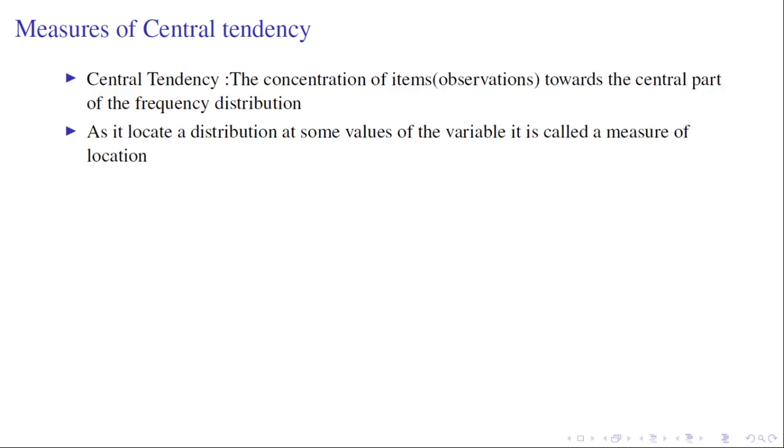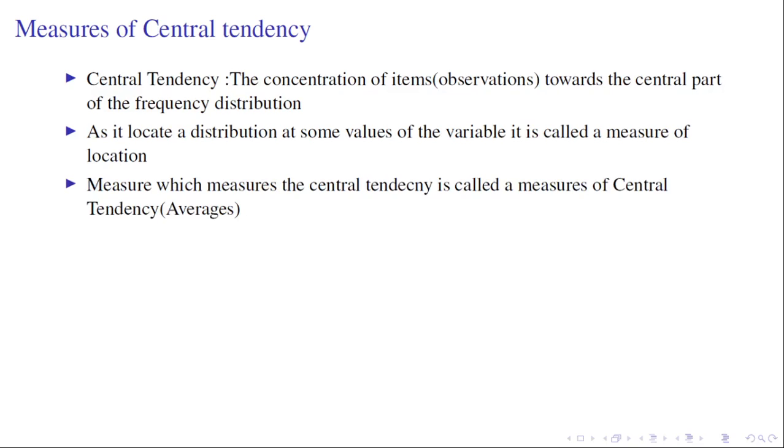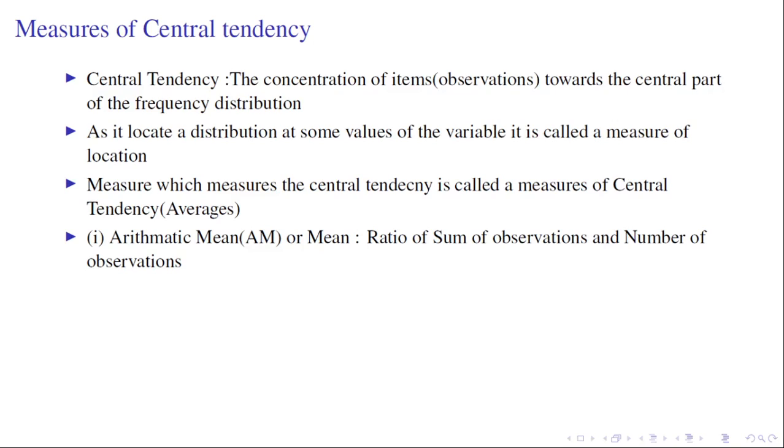As it locates a distribution at some value or at a single value of the variable, it is called a measure of location. Measures which measure the central tendency are called measures of central tendency or averages. Five averages are in common use.